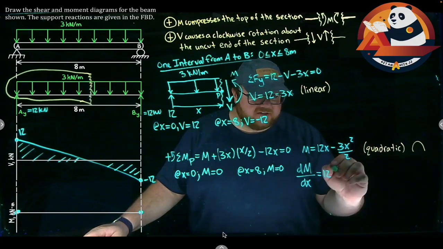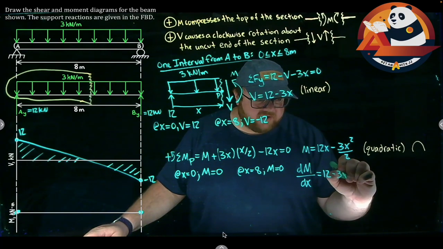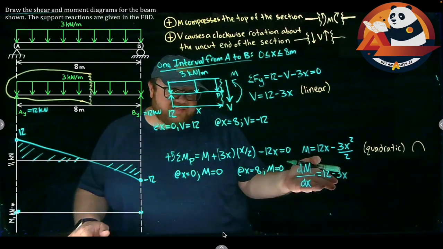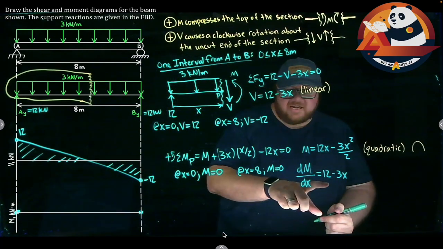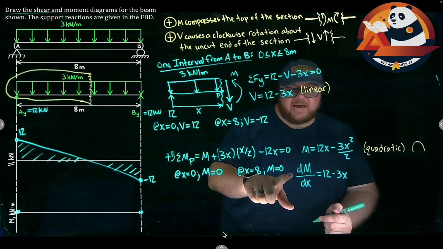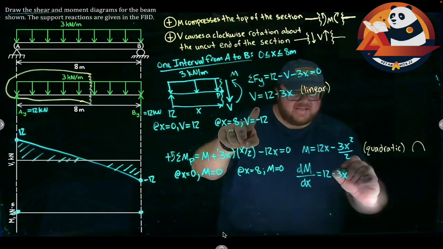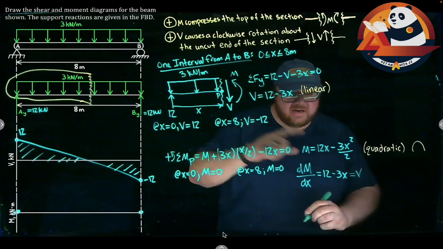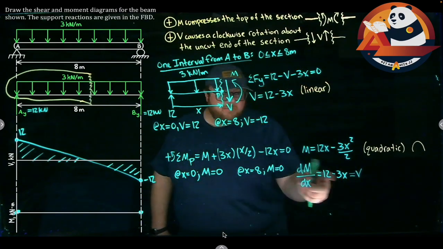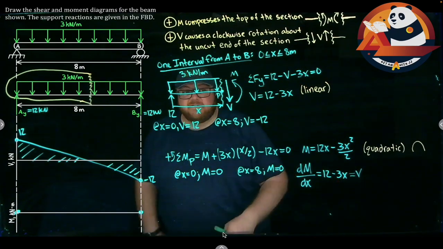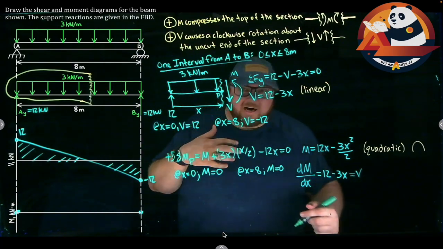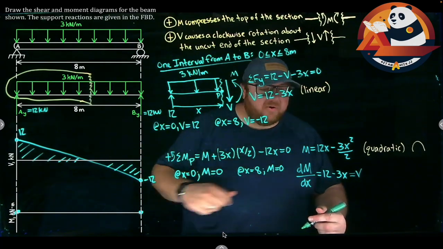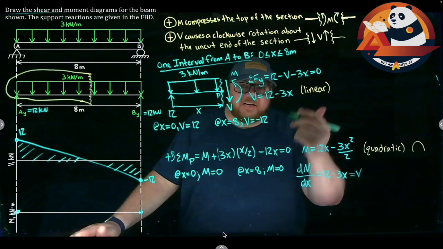That squared would cancel the 2 on the bottom, and we'd be left with minus 3x. Have we seen this equation before? We definitely have. The derivative of moment with respect to x is 12 minus 3x. That is my shear. That will always be true for us. Shear is the derivative of moment with respect to x. Which means to find that max or min point, I really want to say, where's my shear equal to 0?